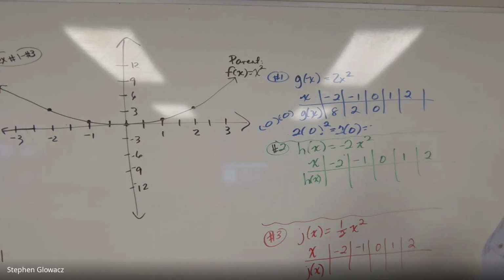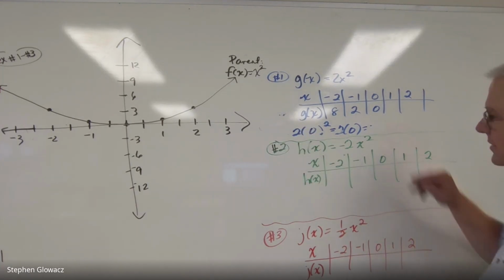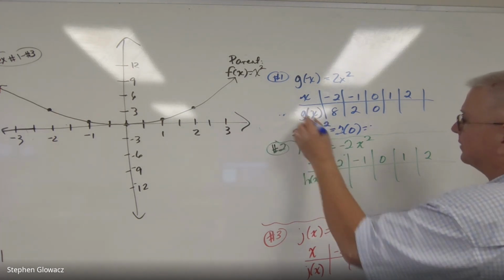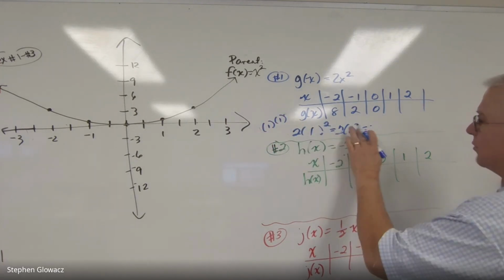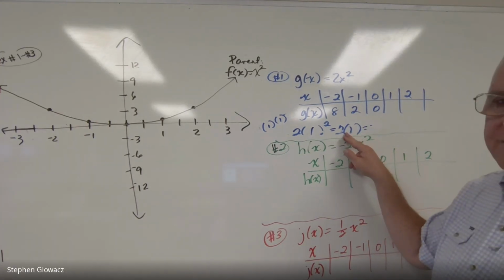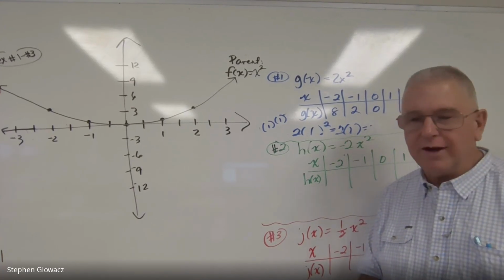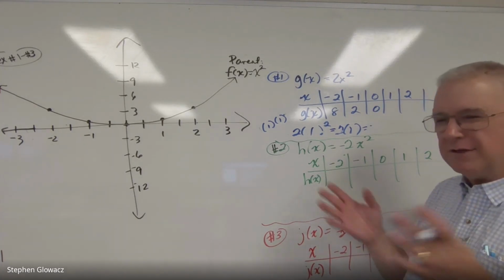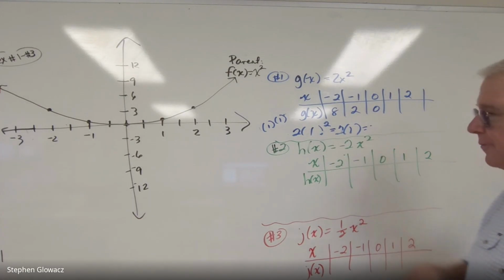Next, we have +1. Let's finish the rest of these. 1 squared means 1 times 1, which is 1. You don't want to go too fast when you're doing these, because if you go too fast, you sometimes put the wrong answer.